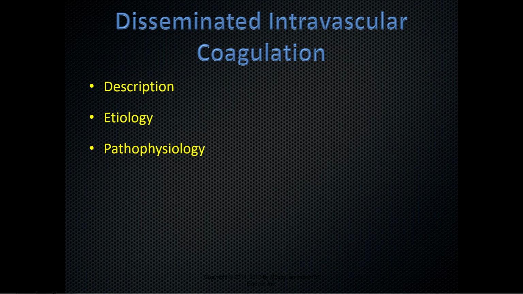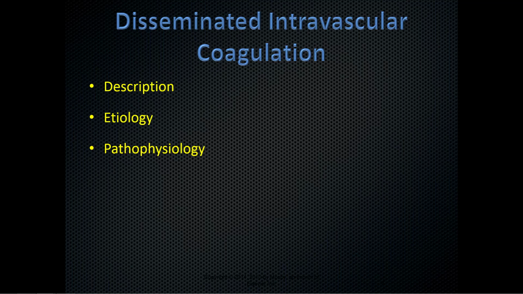Now, if untreated, DIC will quickly progress to multiple organ failure, and the exact underlying trigger of DIC may not be identifiable. However, sepsis in particular is a primary cause, and oftentimes gram-negative organisms can be identified in about 20% of cases, and so we should be watching out for DIC in our septic patients.